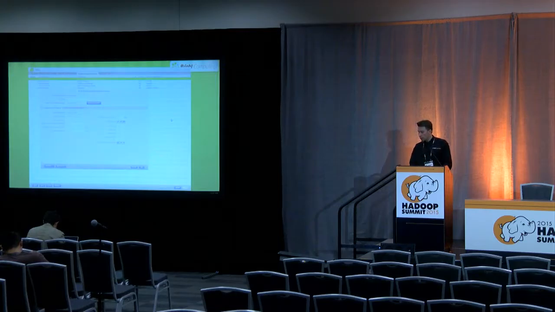Here is an example of our configuration capability. It's called Hadoop configuration groups, and the idea is that now you can form sets of nodes and then define different combinations of roles and different combinations of configurations for these nodes.